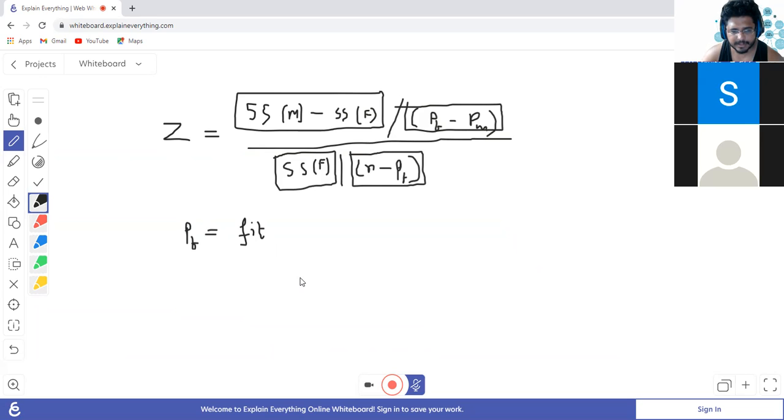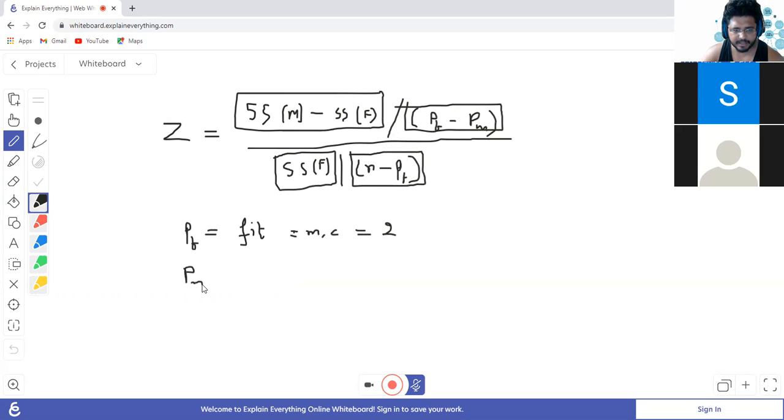There are two variables, right? Slope and y-intercept. Yes. So the value of P fit is equal to 2, the number of variables in the fit line.